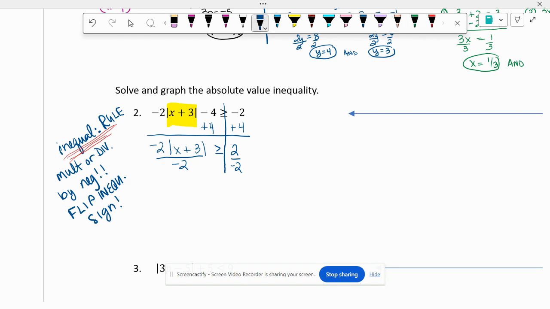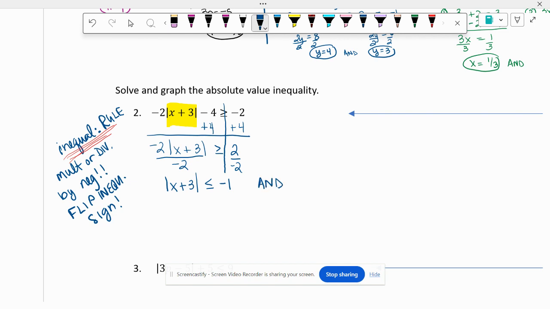So negative 2 divided by negative 2 is a positive 1. So I just have the absolute value of x plus 3 is less than or equal to negative 1. So this is an and.